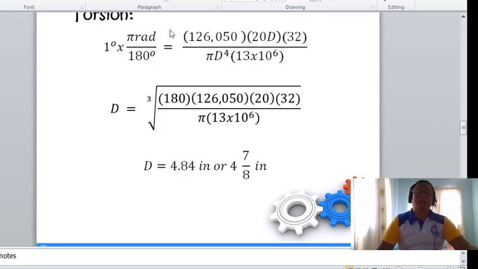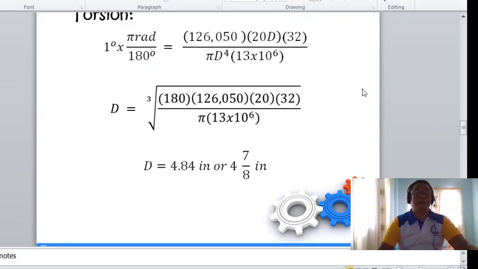That is from the formula J equals pi d to the 4th over 32 for the polar moment of inertia. Then over pi d to the 4th, multiplied by 13 times 10 raised to 6, which is the modulus of rigidity of the material.